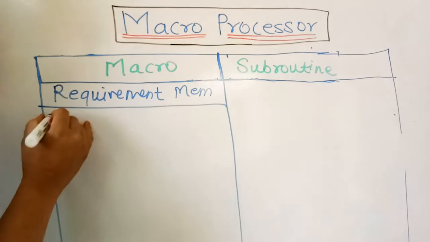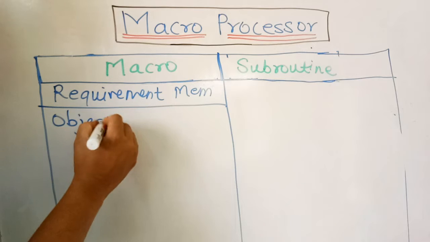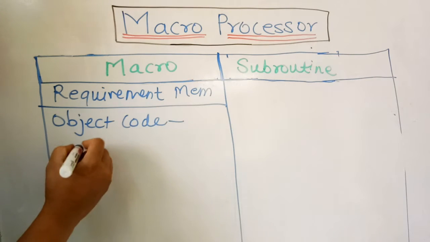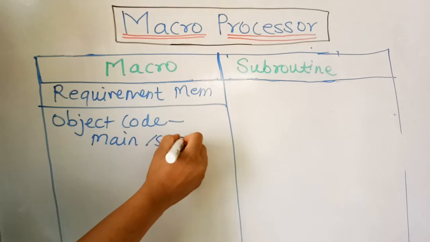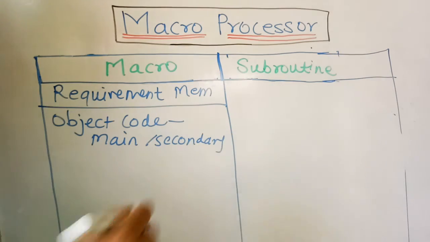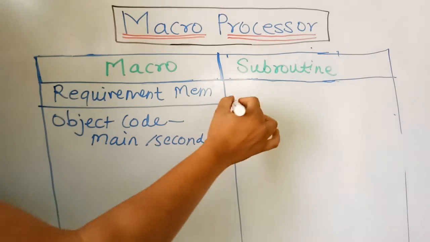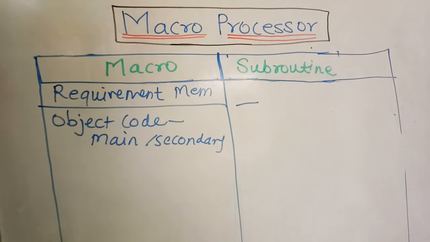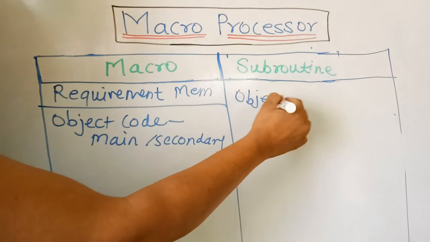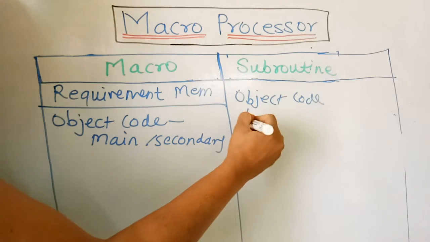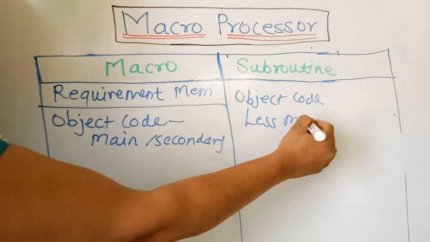As you all know, a macro generates the object code and it requires main and secondary memory also. A subroutine also generates the object code, but it requires less memory.